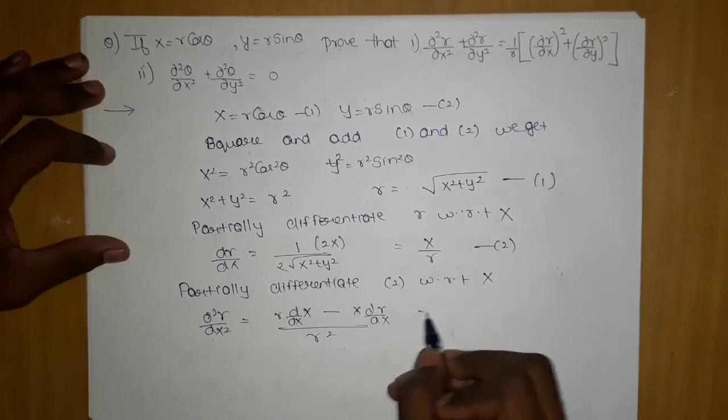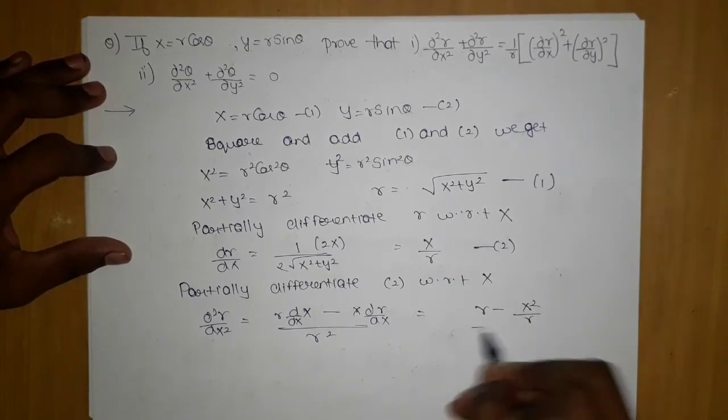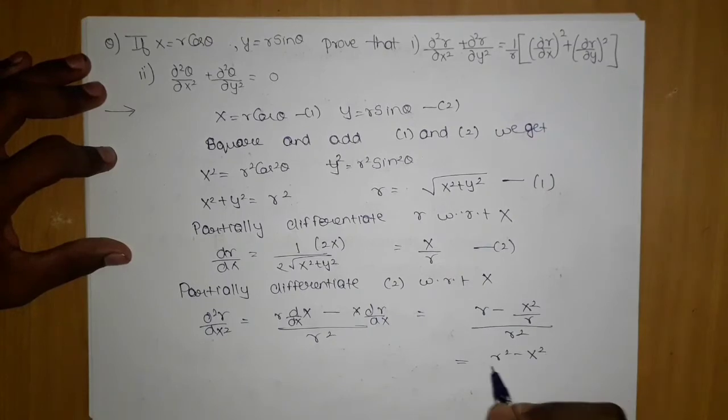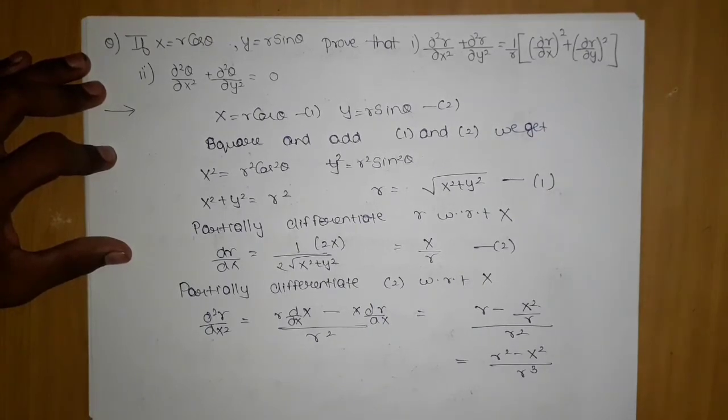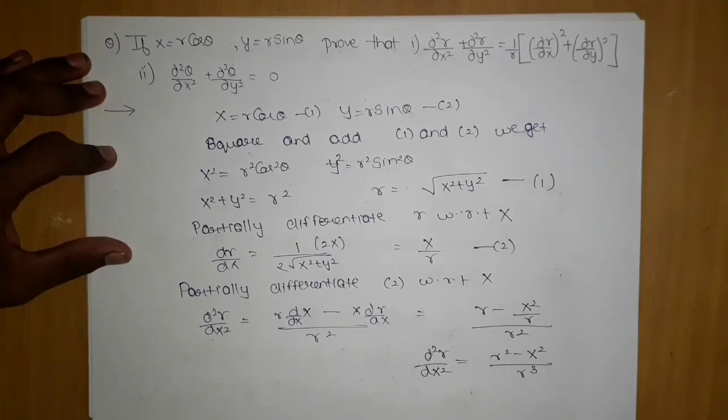I'm going to substitute that. This will be r minus x square by r, over r square. Finally I'm going to get r square minus x square by r cube. Call it dou square r by dou x square, call it 3.